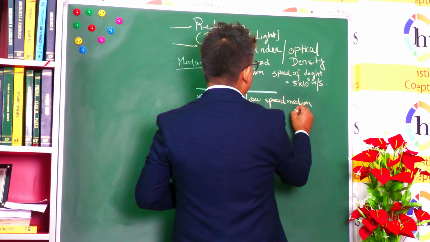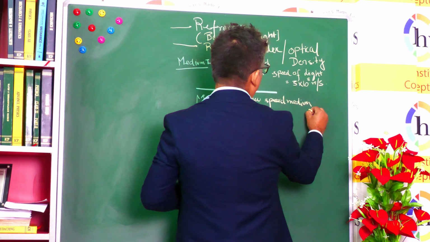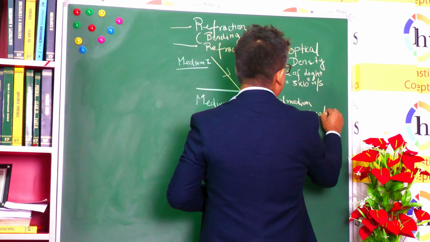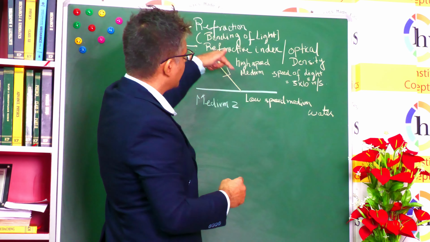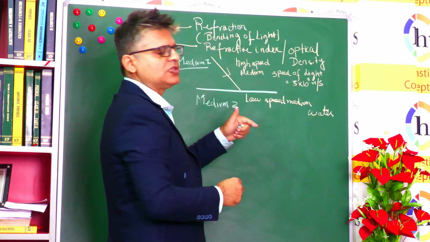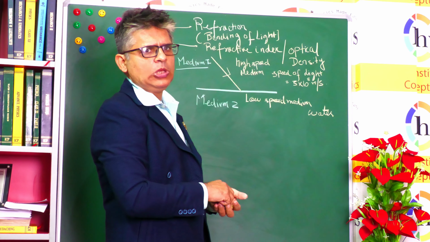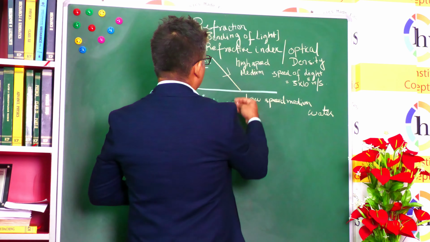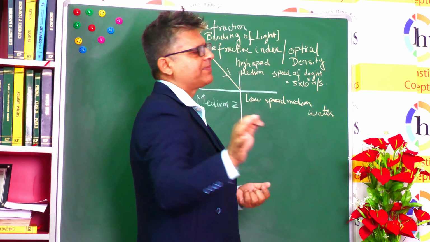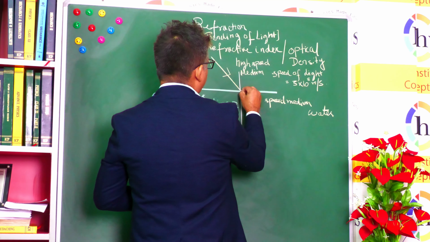Speed is lower, and maybe this is water. So when the light enters at a very high speed into a zone of low speed, this is what happens. If you draw a normal here, and all the angles are measured from the normal, the light bends towards the normal.